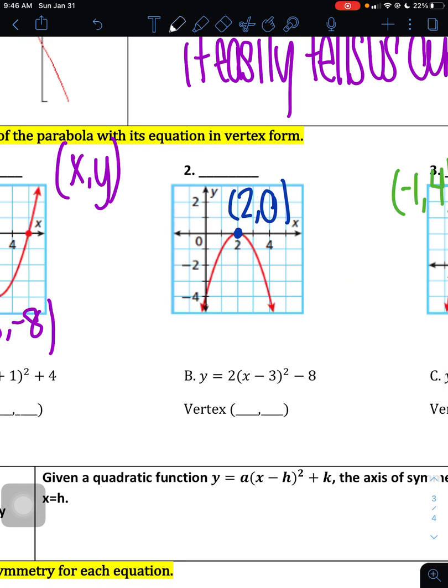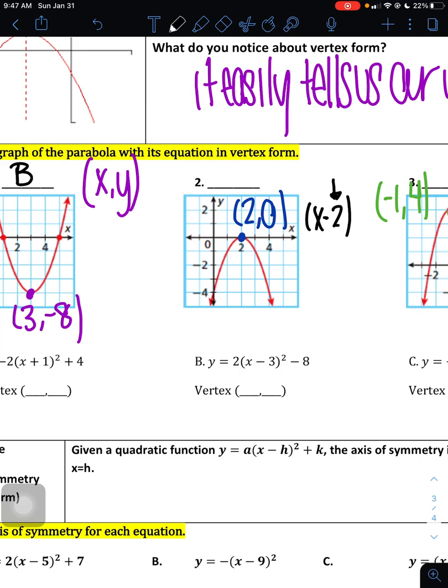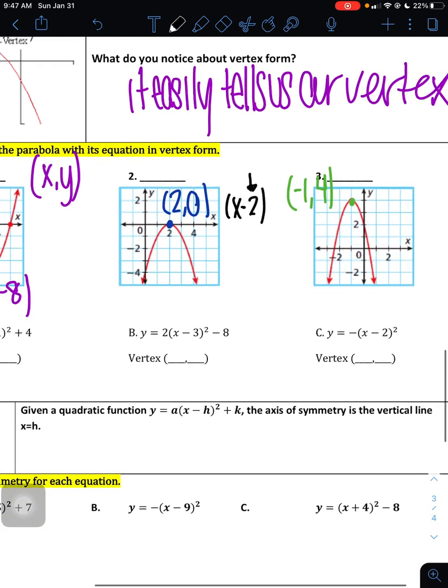And then let's take a look at this second one. I know I have 2 comma 0. So I know in my parentheses, I'm going to want to see x minus 2. And that's only because we said that our x value for our vertex is going to be 2. So it was kind of helpful to identify it on the graph first. So now when we go into vertex form, we know exactly what we need to look for. If I'm looking at my answer choices, there's only one answer that has the minus 2 in that parentheses.